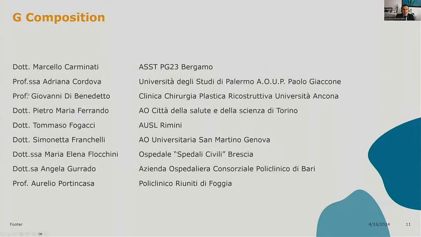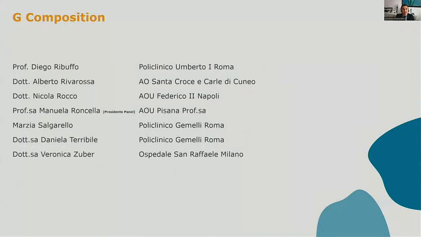And here you can have a look at the G composition. Also in this case, the jury composition is made by different experts coming from all over Italy, as you can see here. And further here in this slide, other members of the panel jury.